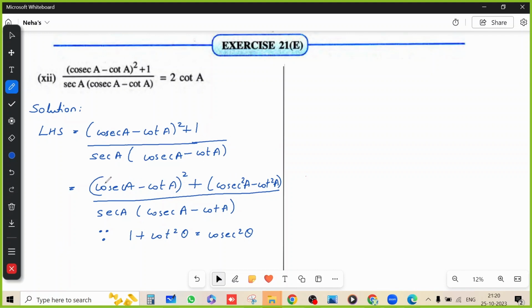Now we can take out cosec A minus cot A common from these two expressions in the numerator.